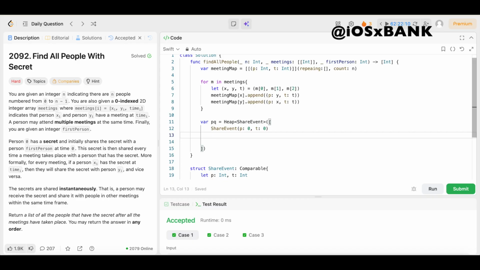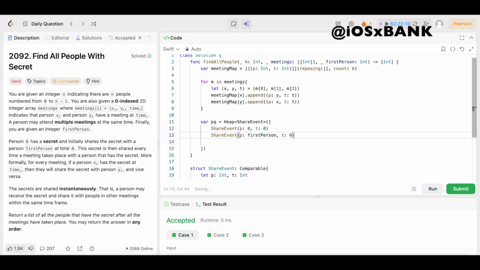Boom. Then we're going to say ShareEvent, open up the parentheses, p colon firstPerson, comma t colon 0.